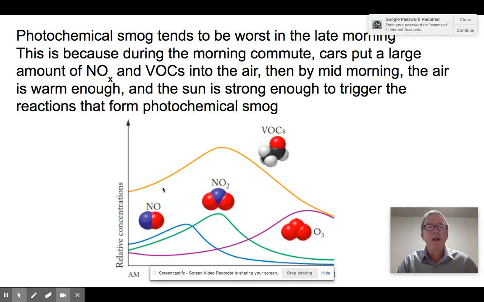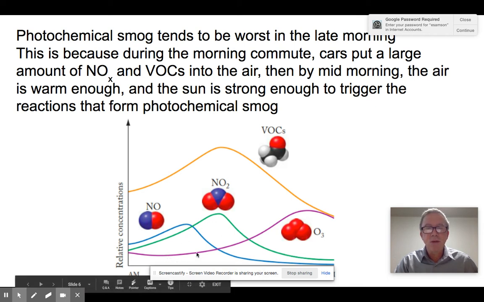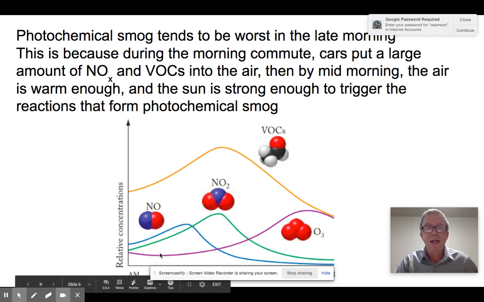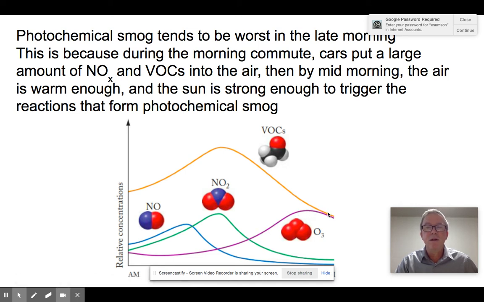But as the sun comes up around mid morning, all of a sudden we see that as we get towards noon, the levels of ozone will increase quite significantly and then begin to drop off in the afternoon. So we definitely see in the course of a day a gradual increase of ozone as the morning wears on towards noon. And that's because of the interaction of the VOCs and the nitrogen oxides with sunlight.